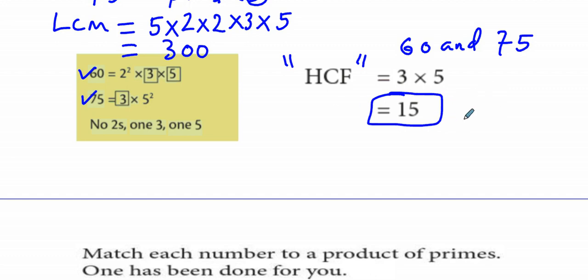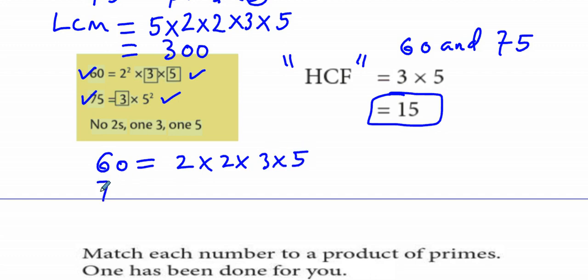There are three methods I explained earlier, but for now let us use one of the methods, and this is the factor tree. We have seen that 60 equals 2 times 2 times 3 times 5. We also saw that 75 equals 3 times 5 times 5.